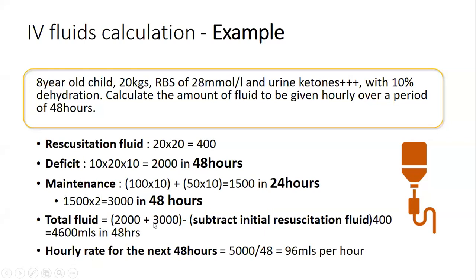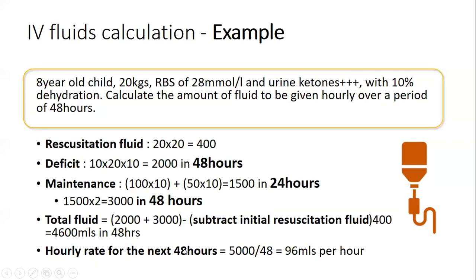which is 5,000. But initially, in the previous guideline, we were not subtracting the initial resuscitation fluid, but now there's a recommendation that it's good to subtract the initial resuscitation fluid. That is, you have to remove the resuscitation fluid that was 400 mLs, and that will give you 4,600 mLs in 48 hours.